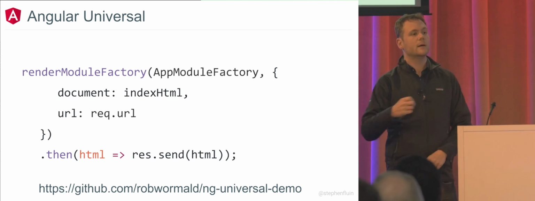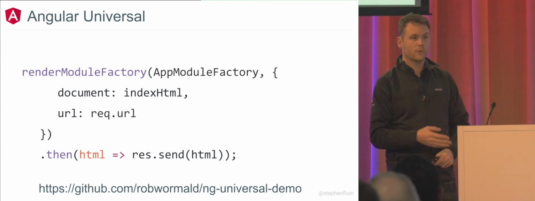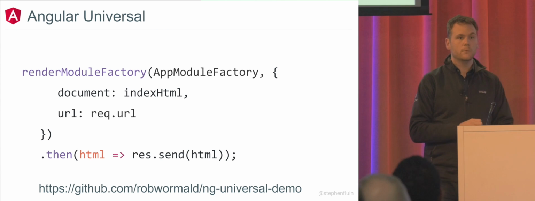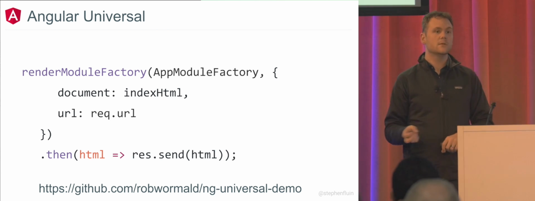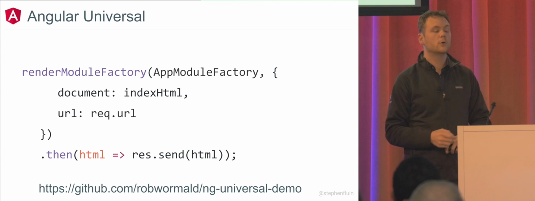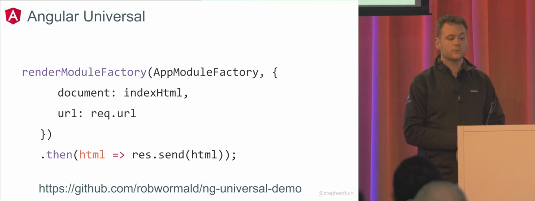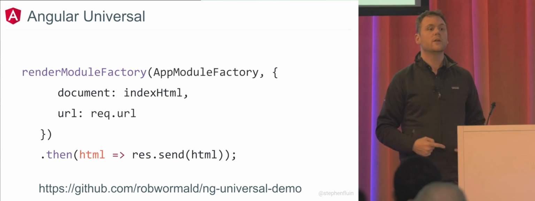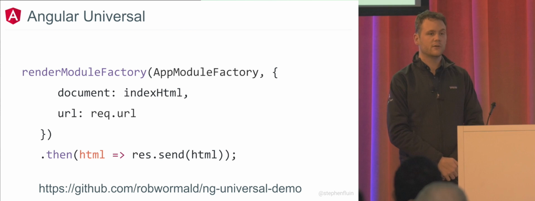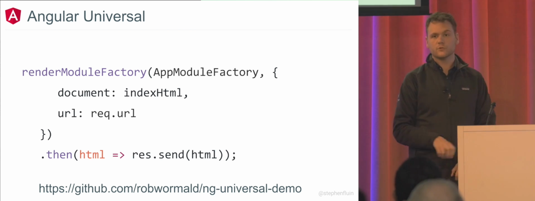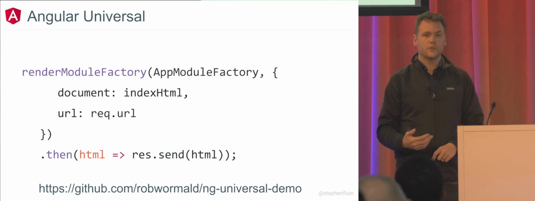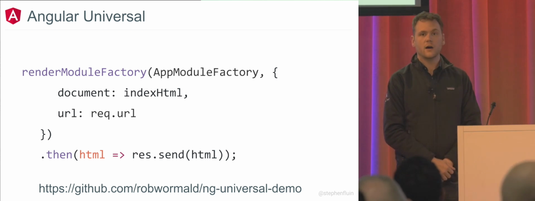You load your Angular application within Node, or any sort of Node application, and you pass in the module factory, so this is post AOT, right? We take a document, an index HTML rendered to a string, and we run your Angular application with that index HTML file. Then instead of rendering it within a browser, we give you a static string.